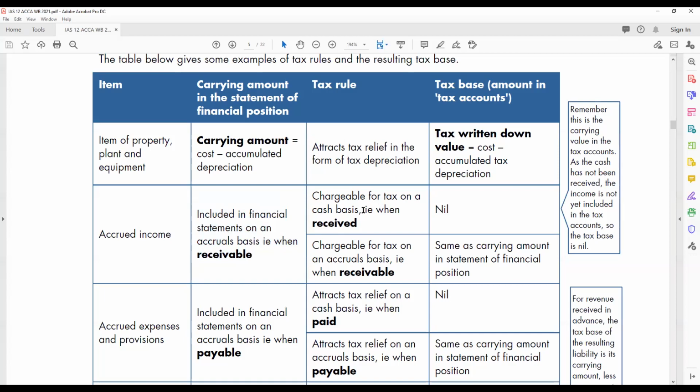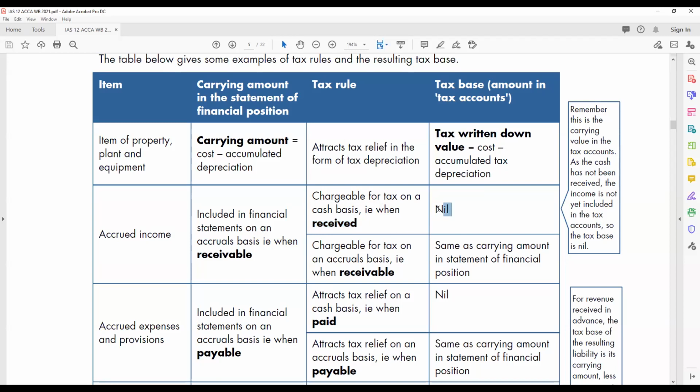When they calculate the profit, that amount is not included until they receive cash. So the tax rule says it is chargeable for tax on a cash basis. It means when received. When you receive cash from your customer, only at that point should it be considered as income.